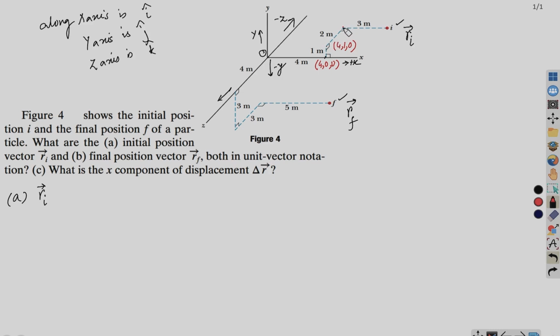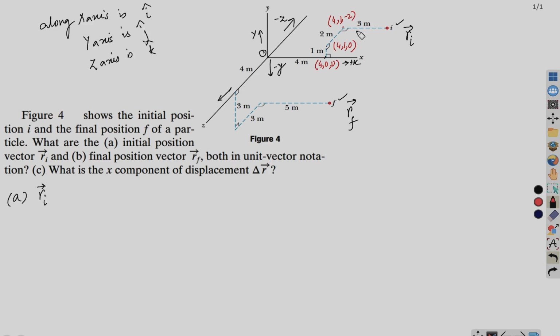Now, what is the coordinate of this point? Both x and y will remain the same. Only the z part will get changed because it shifted 2 units from here, right? And this 2 units is along negative z axis, right? Therefore, it would be -2.